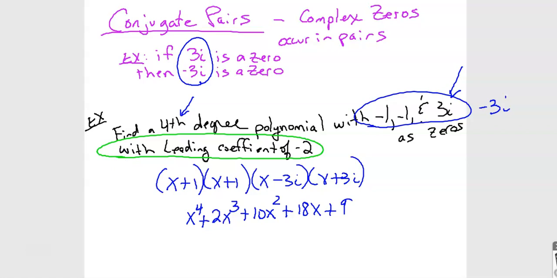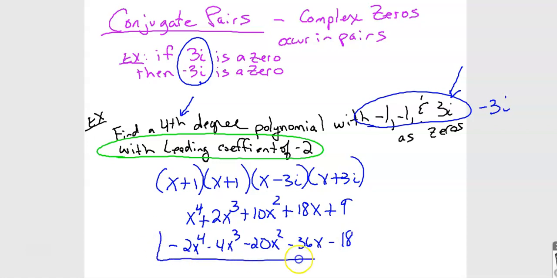So I'm going to basically multiply everything by -2. So we found a 4th degree polynomial with these zeros, and it has a leading coefficient of -2. That's 3.4 zeros of a polynomial.